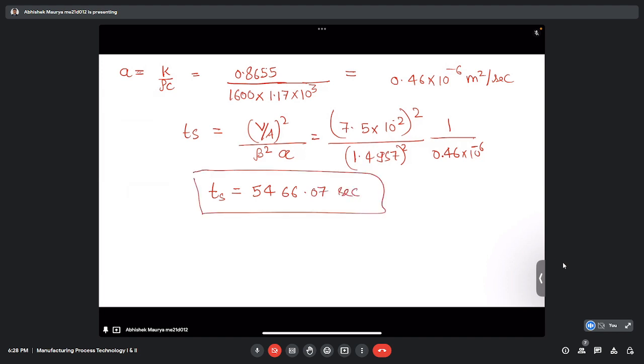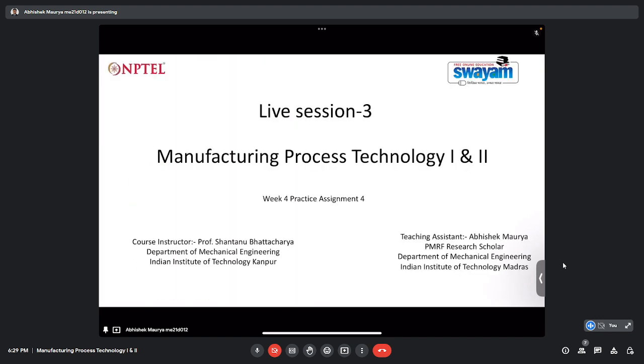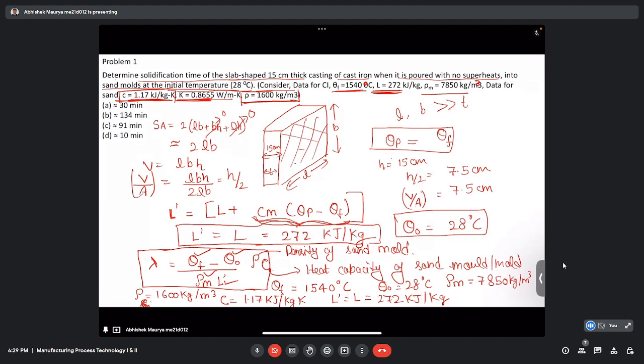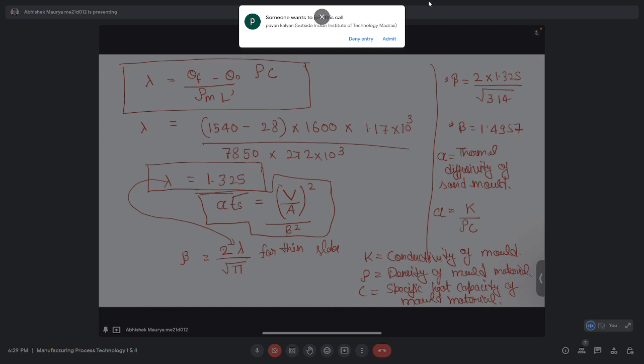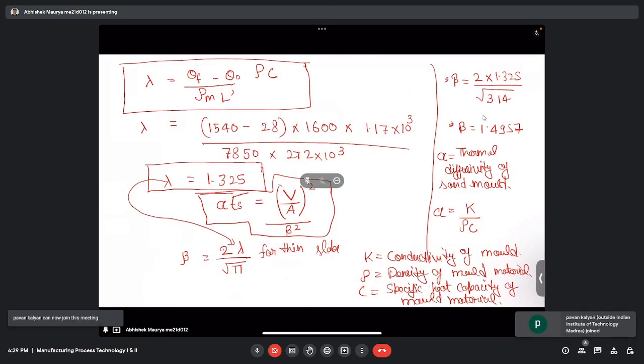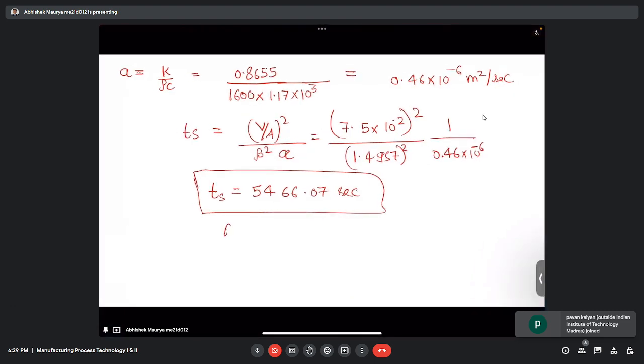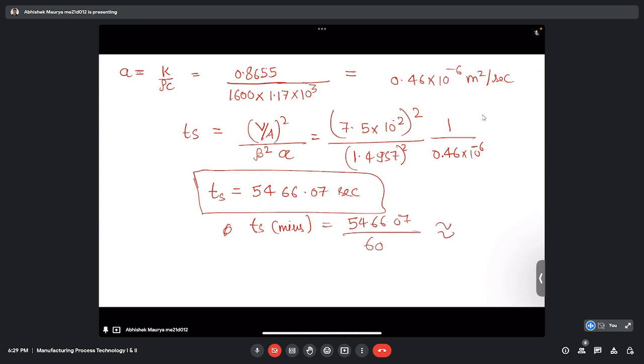Okay, but if you see the problem, we are asked for the solidification time in minutes. If you convert it into minutes, ts in minutes will approximately come to 91 minutes.